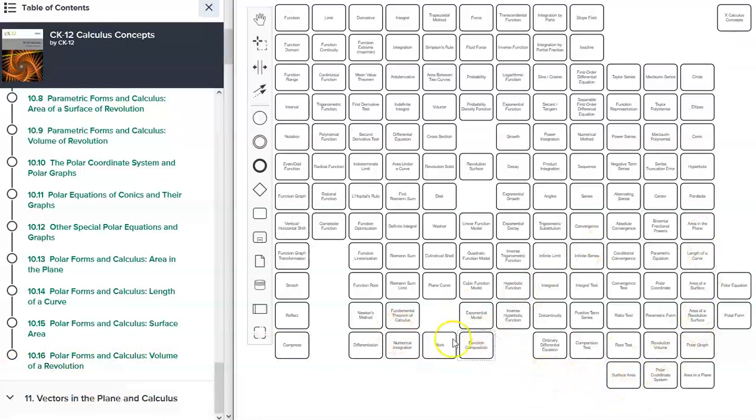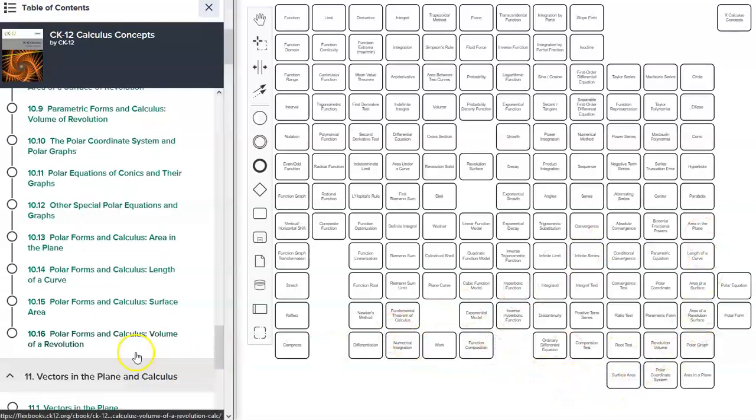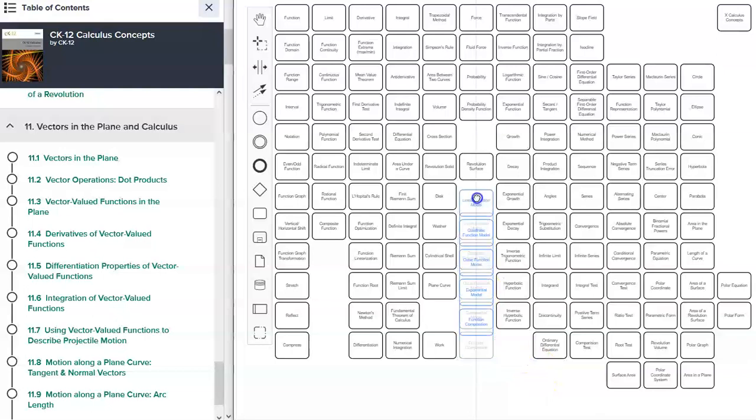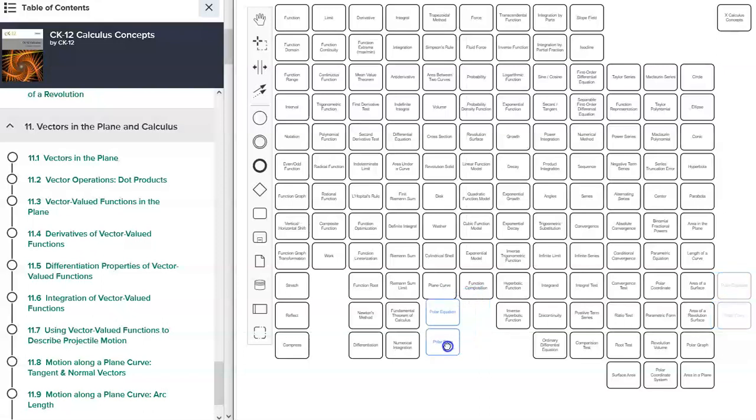So now we are on to vectors in the plane. That's this author's last concept in his calculus concept list. So let's condense these a little bit here. We'll go ahead and move these polar coordinates over here because now we're going to be focused on vectors.